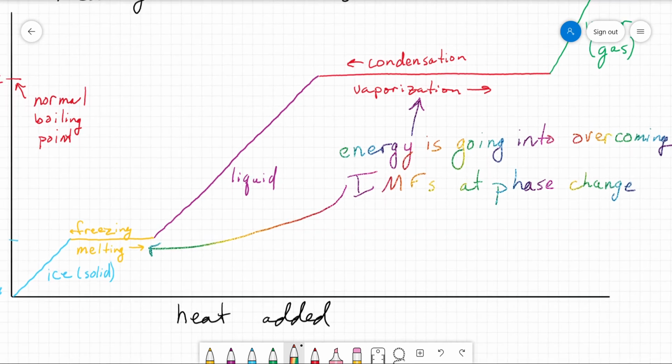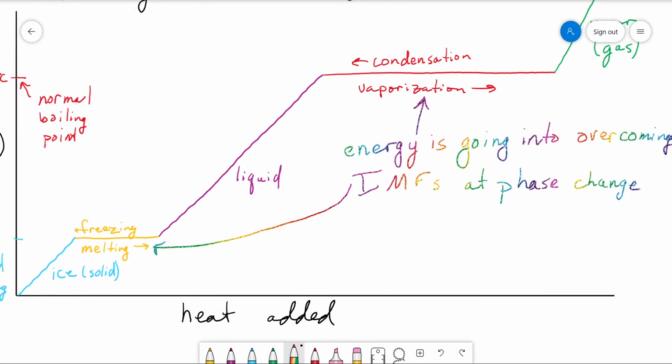And one other thing I want to point out while we're here on this graph is the equations we would use to calculate the energy at each spot are different. So at the blue, and in the next video we'll do an example, we would use Q is equal to MC delta T. At the gold, we're going to use Q is equal to n delta H fusion.